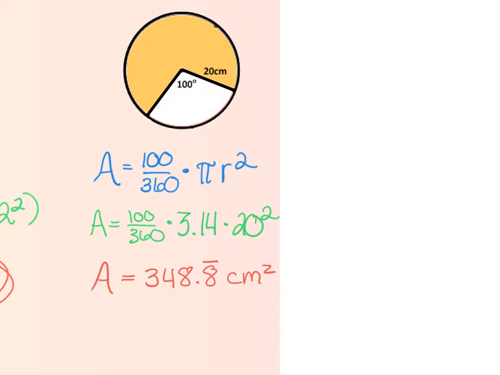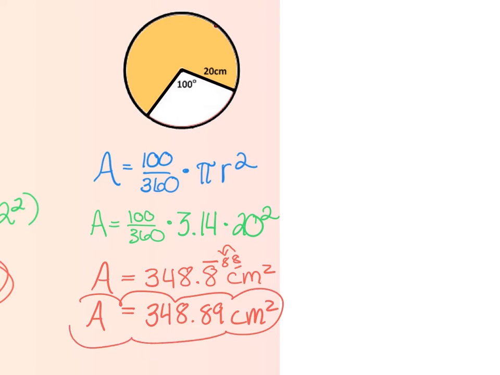On this one, we need to make sure that we round to the nearest hundredth for our answer. So we're going to take that 0.888 repeating, and this 8 is going to tell me to round that up. So it'll be 348 and 89 hundredths square centimeters for our final answer.